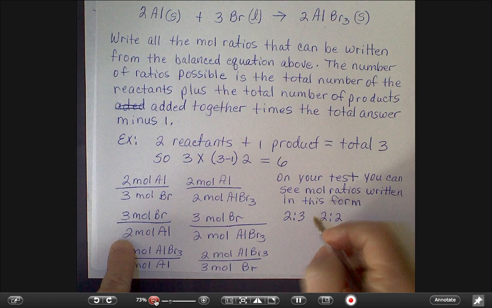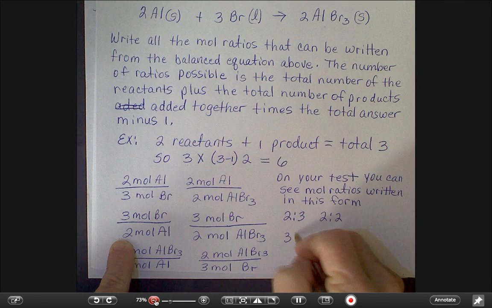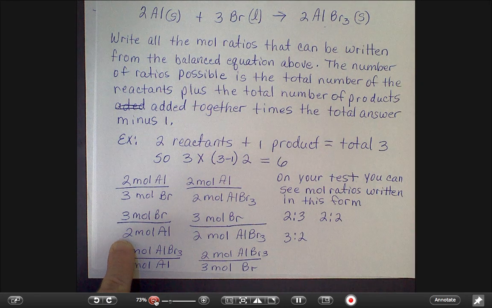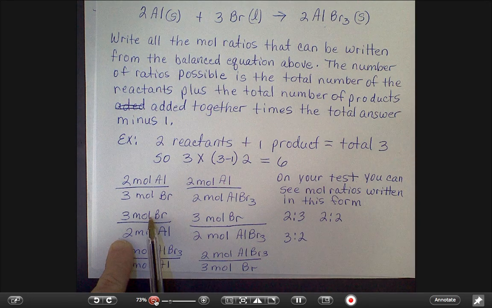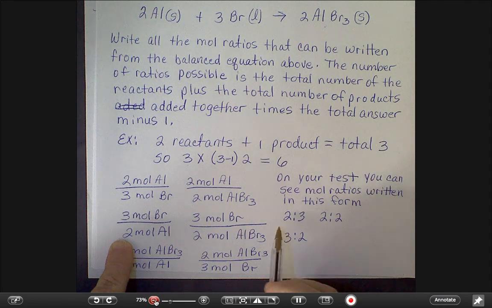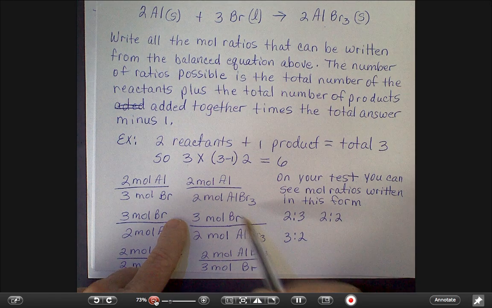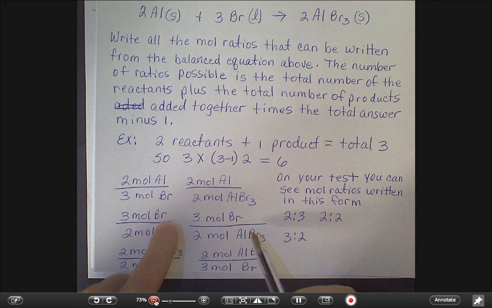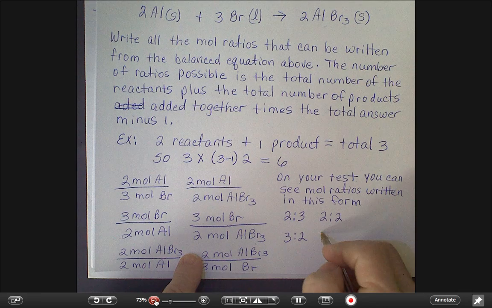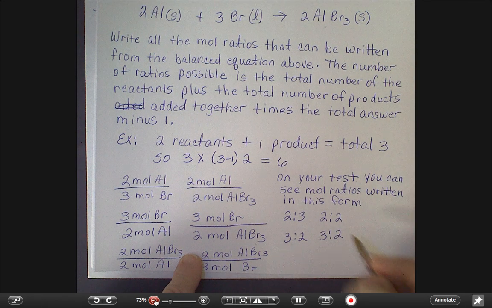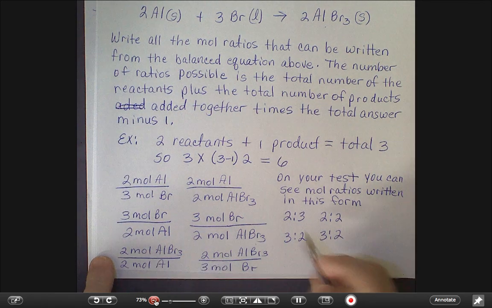Okay, and this one? You always have to put the one that they're asking you about first in the front. Does that make sense? So what is the mole ratio of Br to AlBr3? 3 to 2. And what's this one?